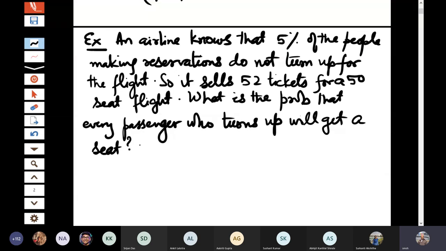So the question is like this: if there are 50 seats on a flight, the airline actually sells a little more than 50 tickets. It sells 52 tickets, assuming that 5% of the persons do not eventually turn up. So they sell a little more so that the flight doesn't go vacant. So what is the probability that every passenger who turns up will get a seat?